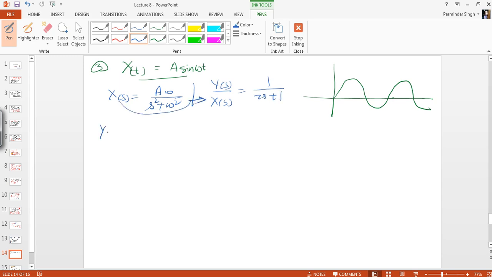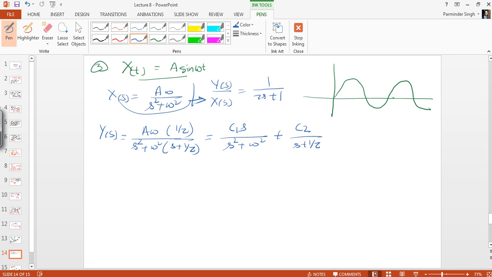So what do we have? Y(s) is A omega upon s square plus omega square into 1 by tau over s plus 1 by tau. Clear? This can be simplified as (c1 s) over (s square plus omega square) plus c2 over (s plus 1 by tau).